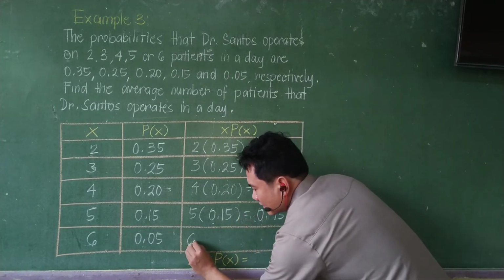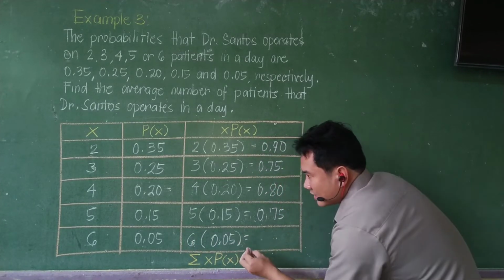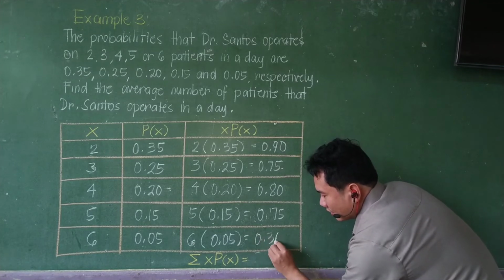And last, 6 times 0.05 is equal to 0.30.